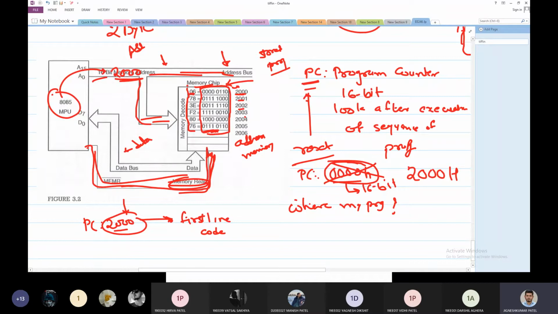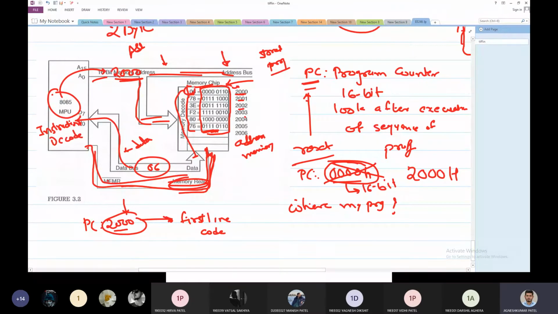As soon as I send the read signal, immediately this 06 will be available on my data bus. Now this 06 that is available on the data bus will come inside 8085 and it will directly go to which register? The instruction decode register.